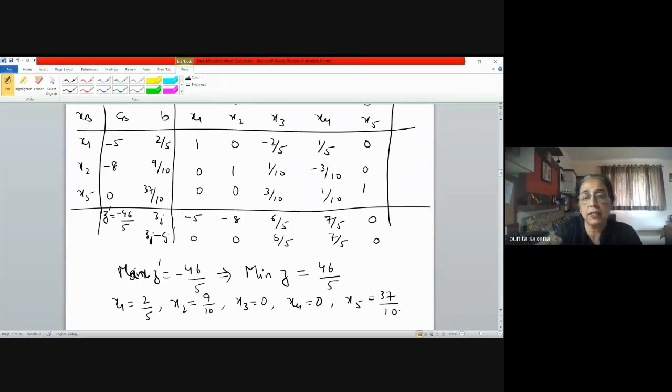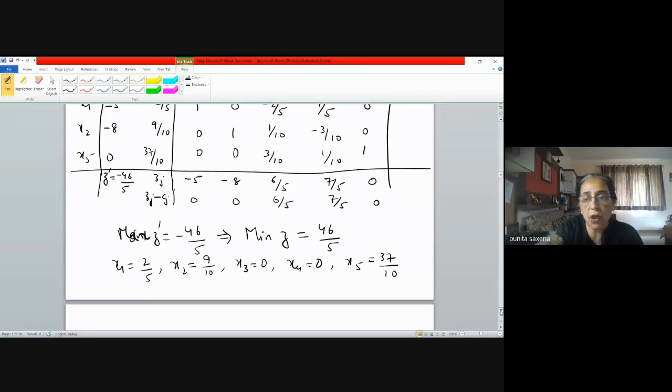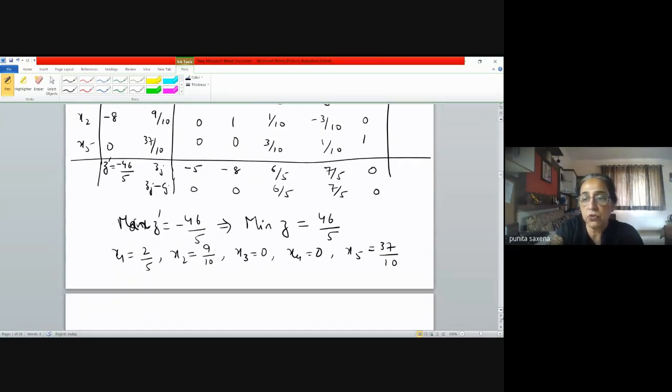Is that okay? So this is my optimal solution. This is how phase 1 and phase 2 work.